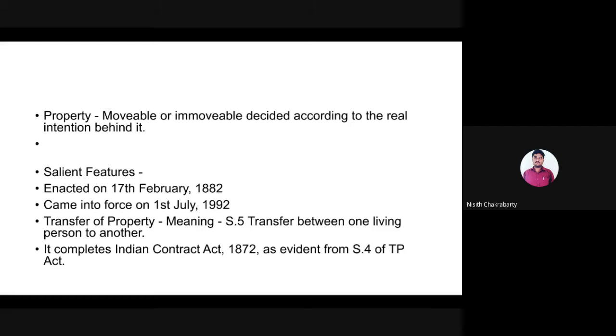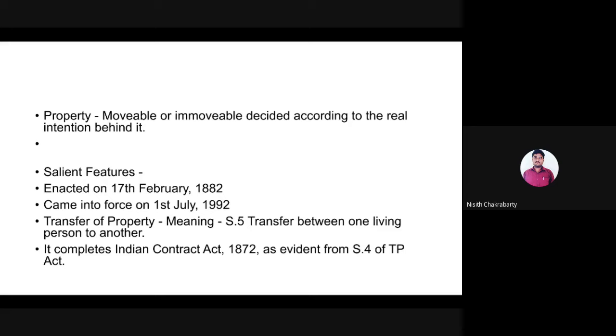So anyway, transfer of property we will define when we go to section 5, which obviously means a transfer between one living person to another, because we had discussed that it deals with neither the intestate succession nor the testamentary form of succession.